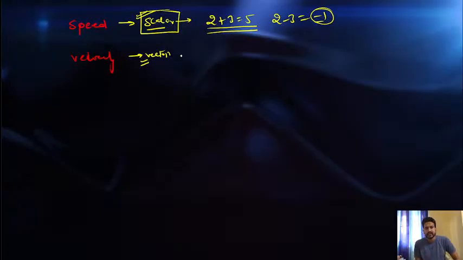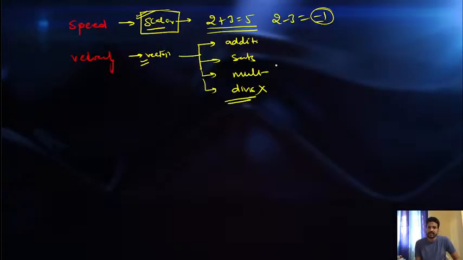In the vector there is a separate method of addition, of subtraction, and of multiplication. There is no division in the vector quantity. In the multiplication we studied the dot product and the cross product.